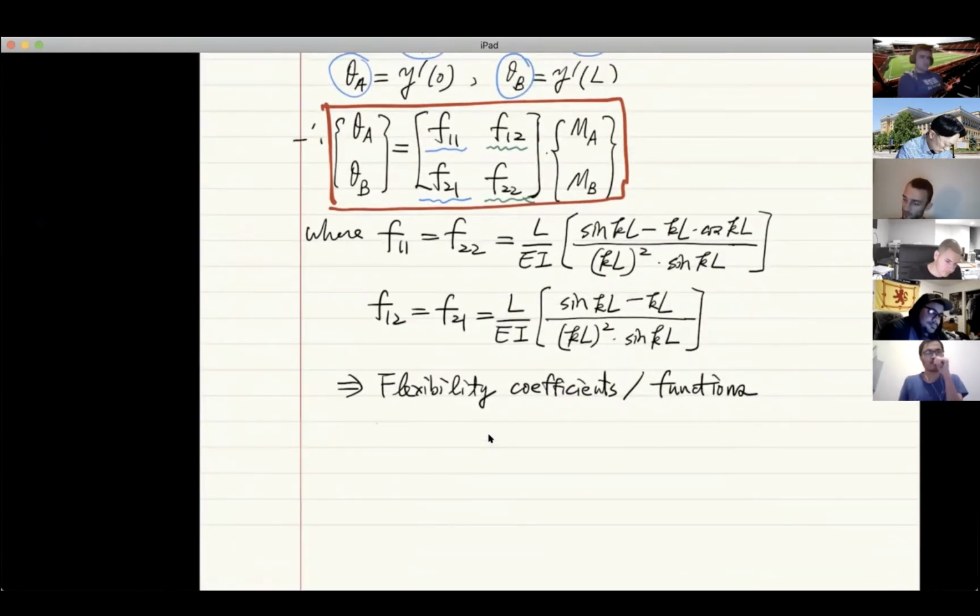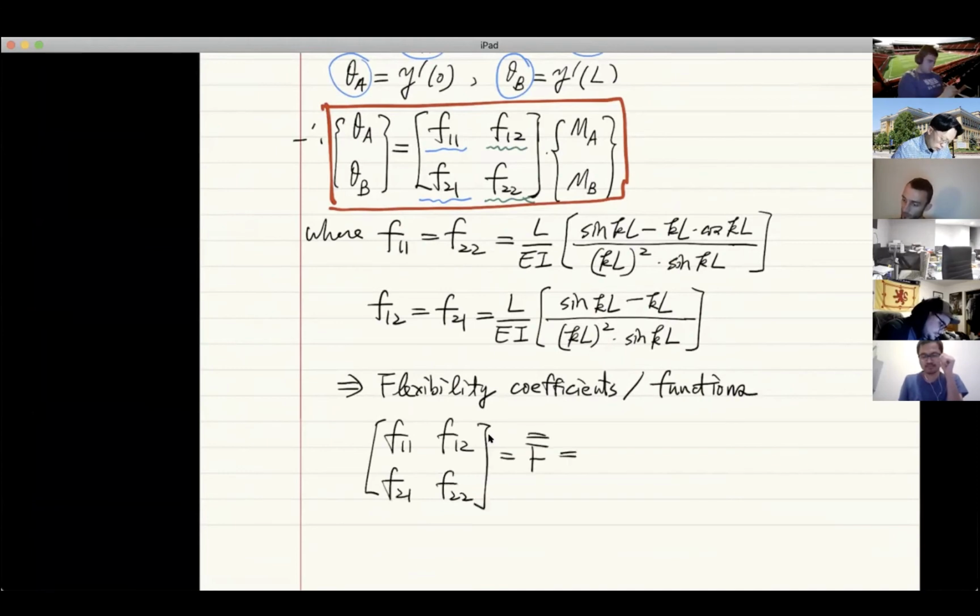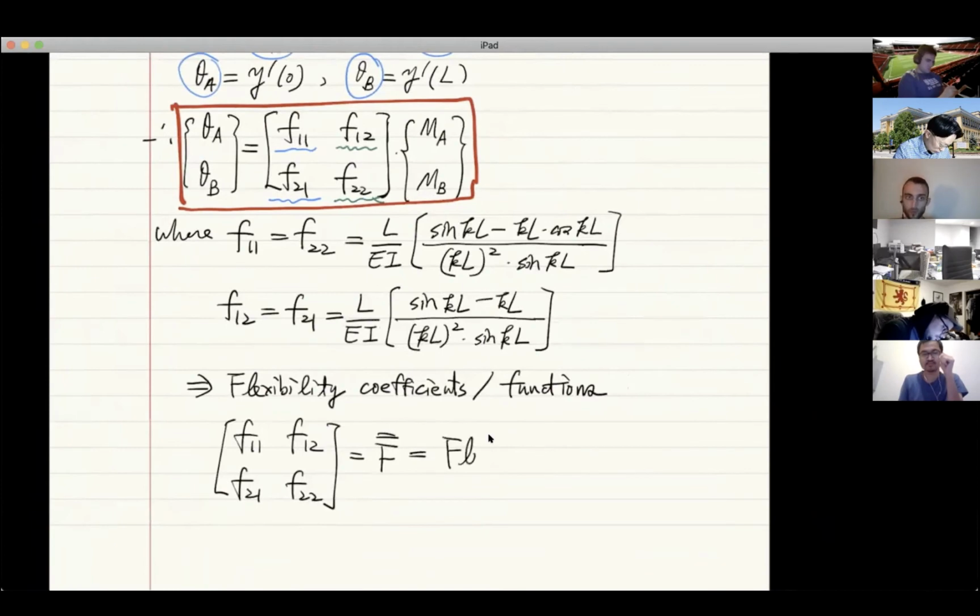We will say that this whole thing, F11, F12, F21, and F22, is the flexibility matrix.